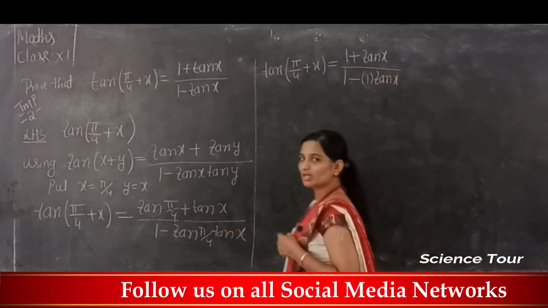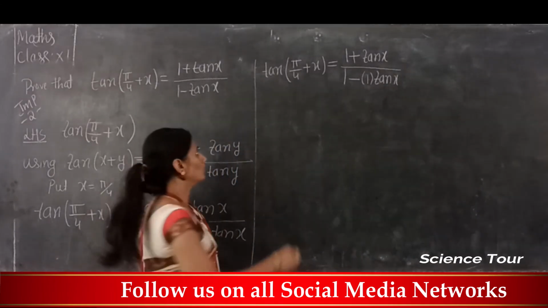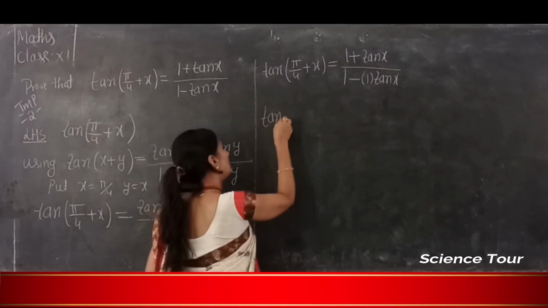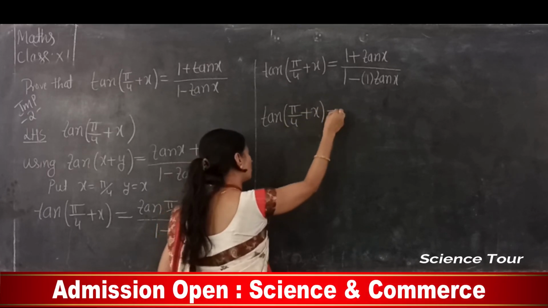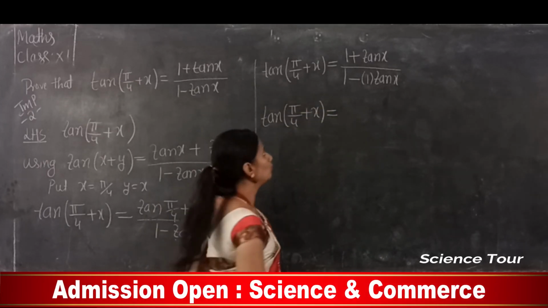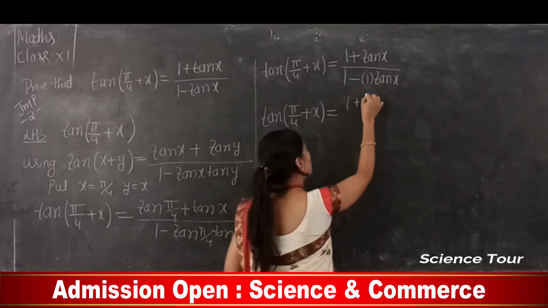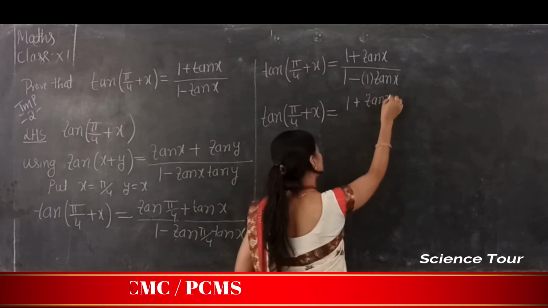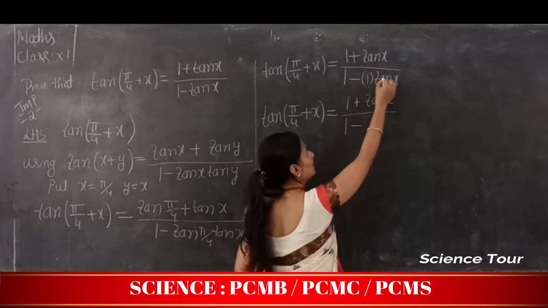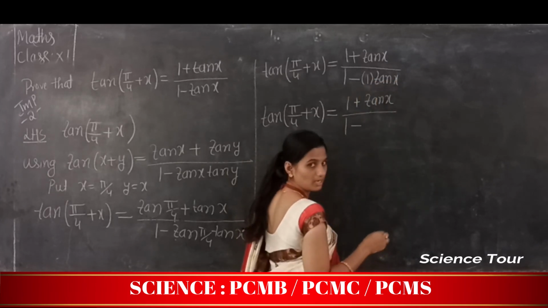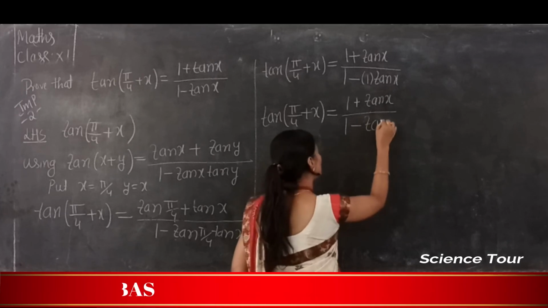So finally we can write tan(pi by 4 plus x) is equal to 1 plus tan x divided by 1 minus 1 into tan x. 1 into tan x is tan x.